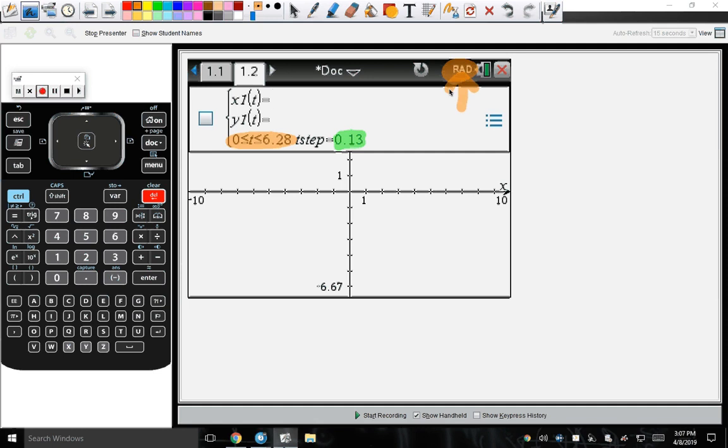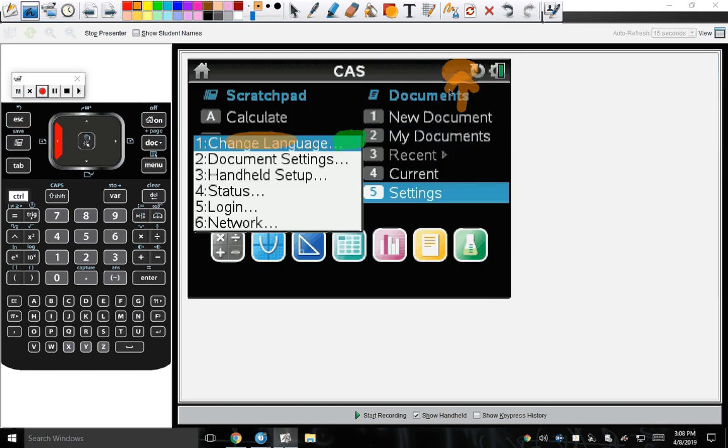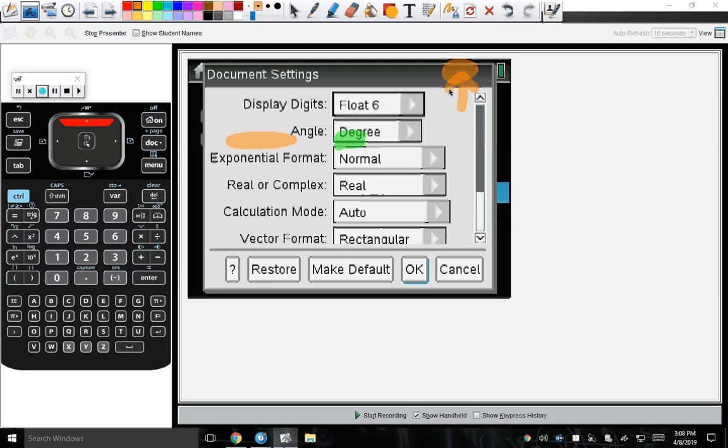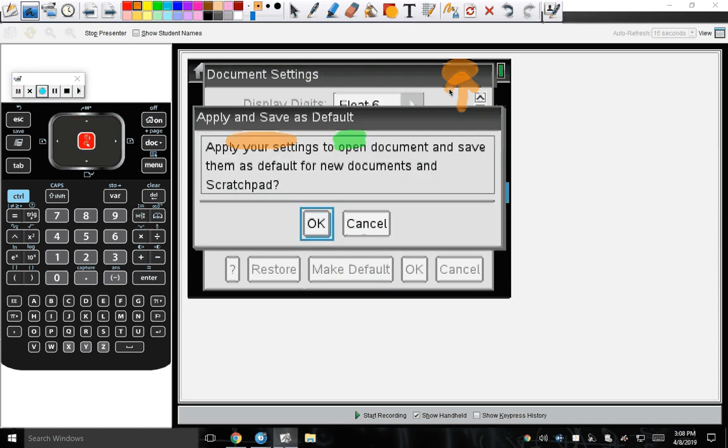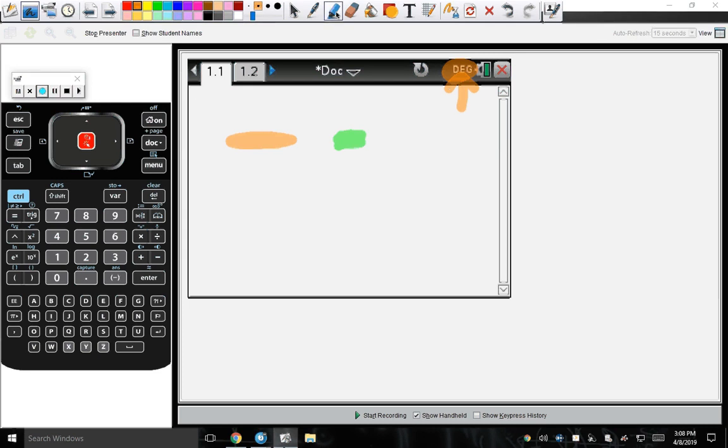Even though you change the calculator to degree, it won't change the graph to degree. I'll repeat that. Even though you could change this one to degree, like home 5.2, if I were to change this to degree, and I were to show you, going back to my document, that's now degree. You see this as degree now.